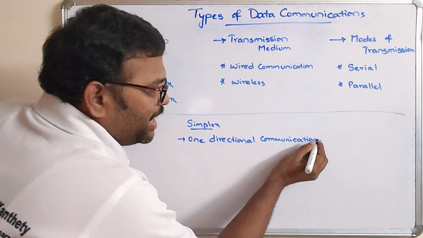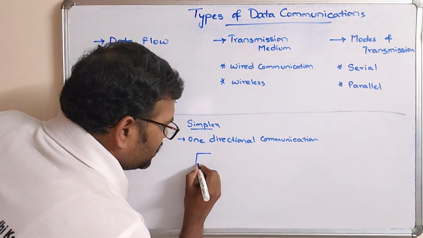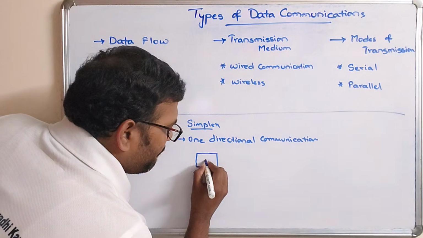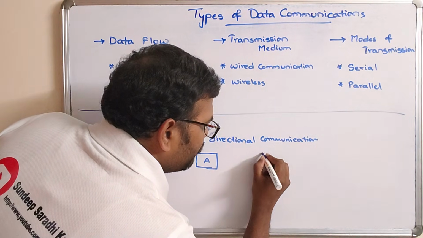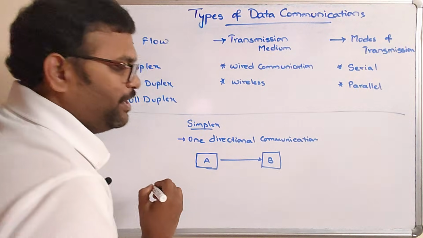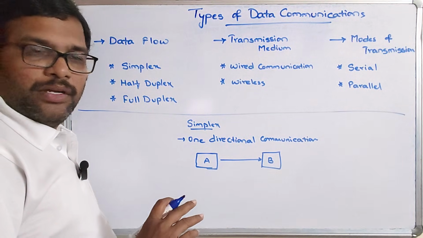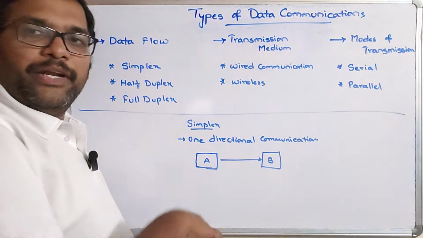That means at a time one device can send the message. For example, this is device A and this is device B. Only one-way communication can be done. The data can be transmitted in a single way, either A to B or B to A.